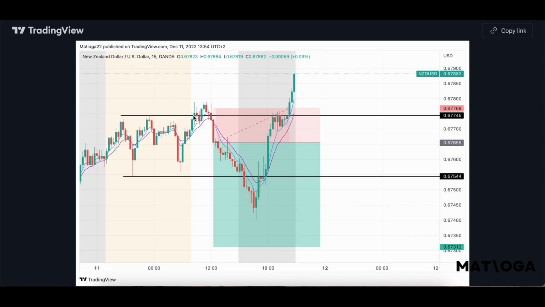Then we had some continuation, but I wouldn't classify this as a confirmed breakout because, as you can see, it's just less than a pip maybe above the session high. So I would prefer this to be a break than a retest or continuation.